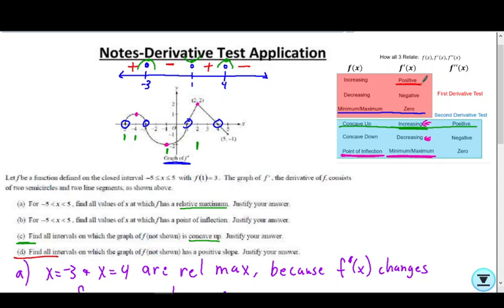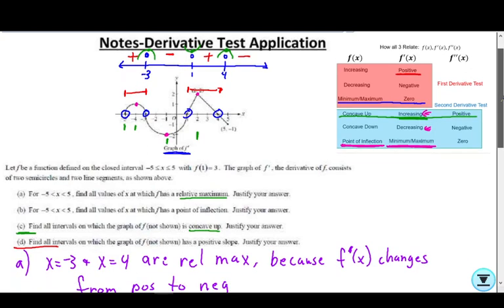So find all of the places where the original function has positive slope. That's where my derivative is positive. Where is my derivative positive? My derivative is positive from -5 to -3, and from 1 to 4. So from here to here and here to here. And again, we're just using this chart.